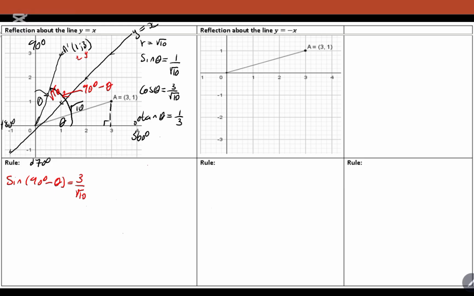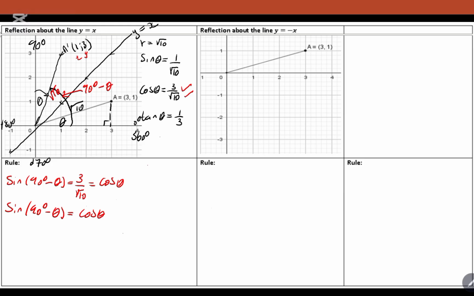Now, what is 3 over square root of 10? From what we have developed in our original arm, 3 over square root of 10 is cos theta. So sine of 90 minus theta is equal to cos theta. That is our reduction rule.